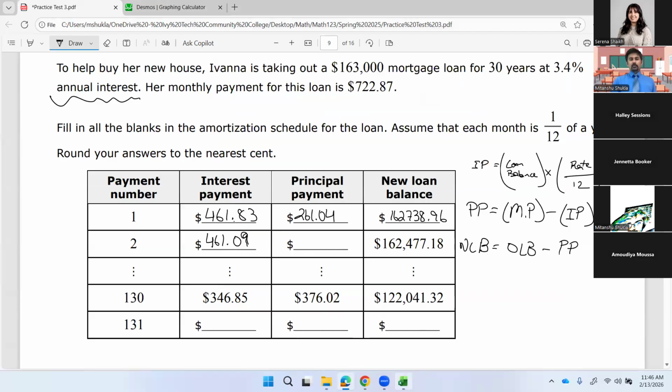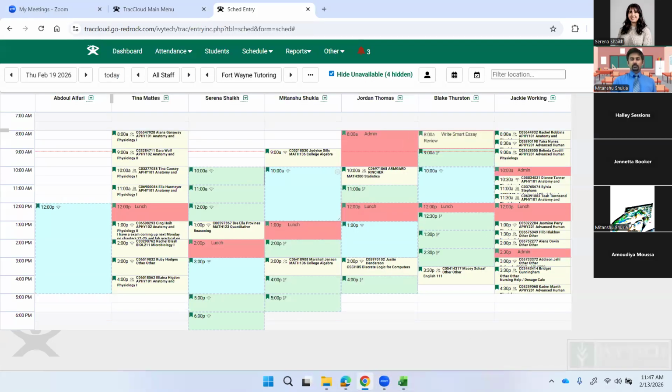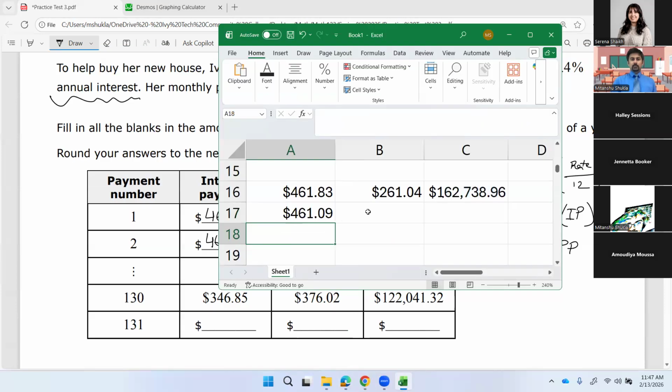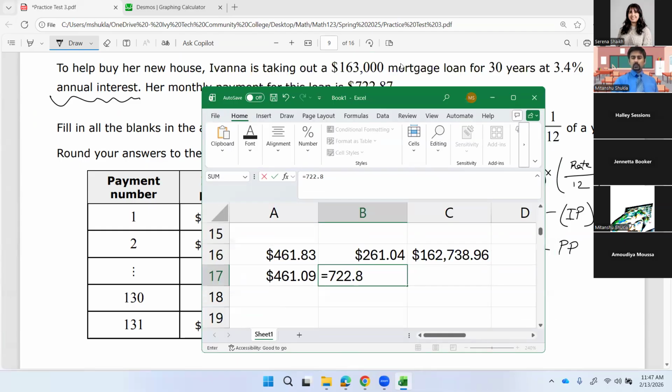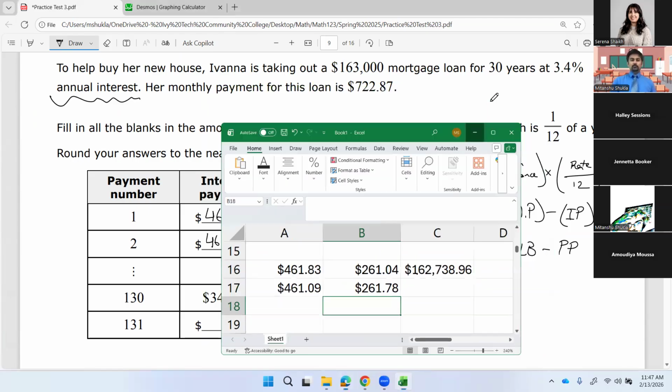Then my principal payment is going to equal whatever my monthly payment is, 722.87, minus my interest. And it's 261.78.